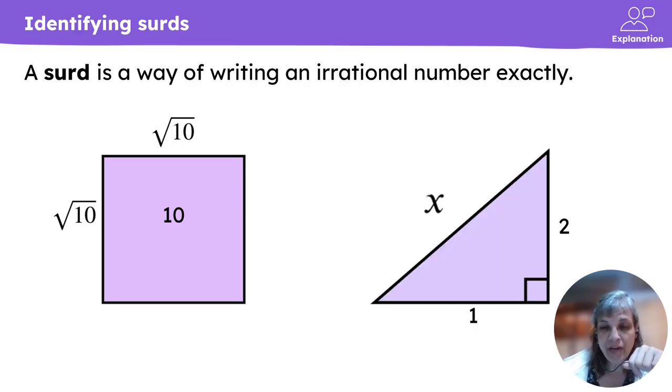Or if you had a triangle and you knew one side is 1, one side is 2, if you were going to, with Pythagoras' theorem, figure out what is that third side, the hypotenuse, take 1 squared plus 2 squared should equal x squared. Well, 1 squared and 2 squared, that's 5, and then that equals x squared, so x equals the root of 5. And again, now you have the exact answer of what that is.